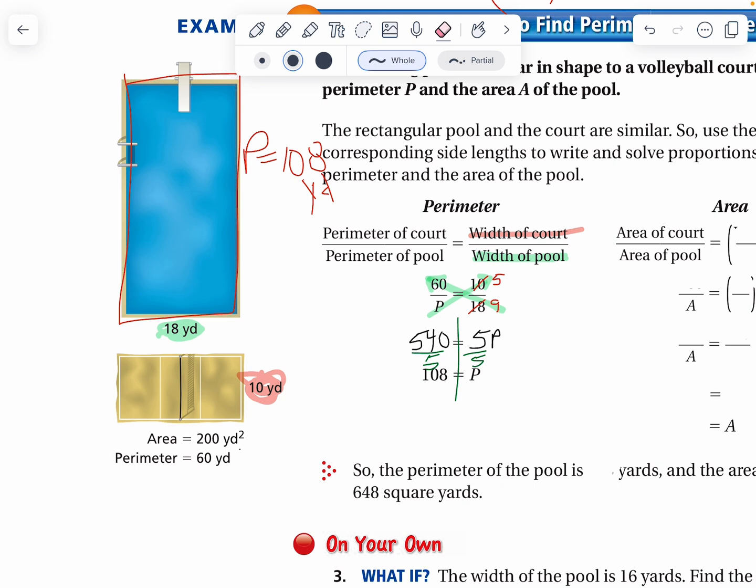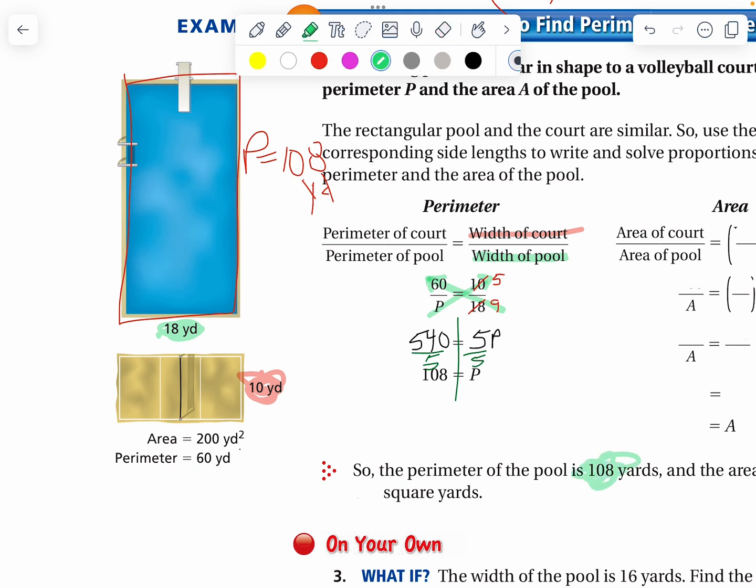All right, so right here, the perimeter of the pool was 600. Oh, wait, hold on. Oh, that's the side length. Okay, so the perimeter of the pool. Oh, no, I'm sorry. Come back. Perimeter of the pool is right here. Good Lord, I'm misreading it.